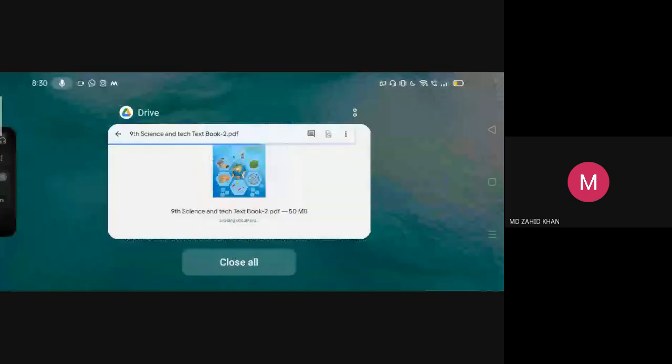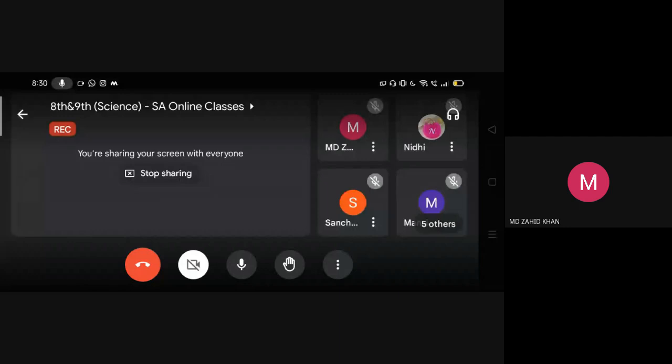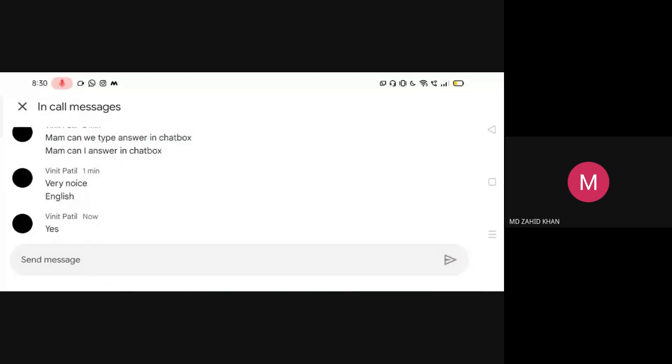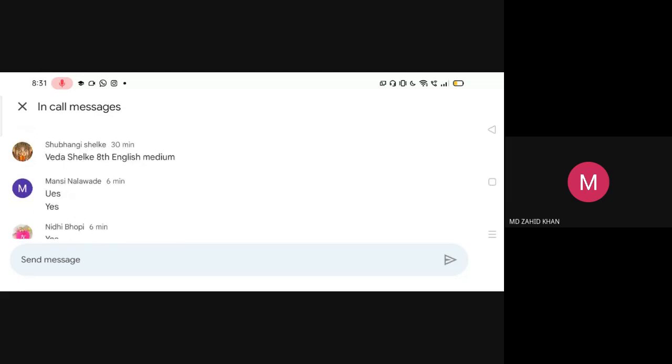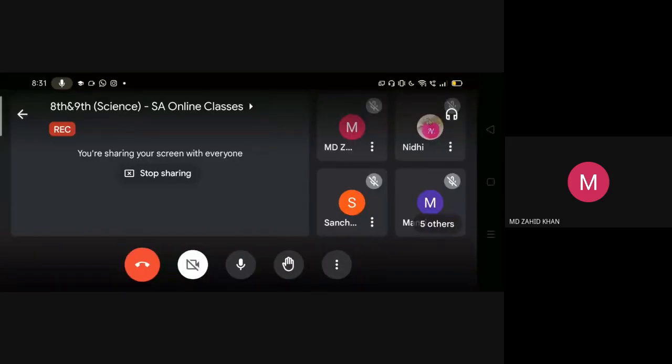Only two students are there from ninth standard, Vineet and Yasmin. Is there anyone? Okay, I'm going to take the short questions so that you are able to write. I don't have any other option now.